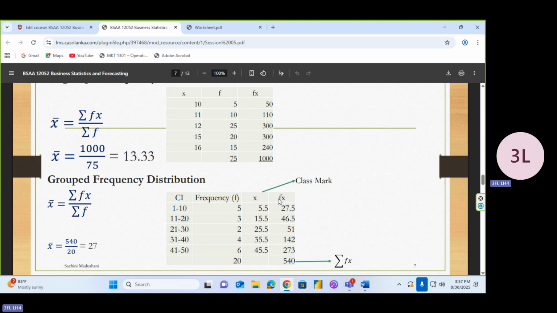When we calculate the mean value, we need to take the sum of the observation values. With the qualitative type, we cannot find the sum of the observation values because it cannot be measured numerically. So the mean value can be calculated only using a quantitative type variable. Understood?